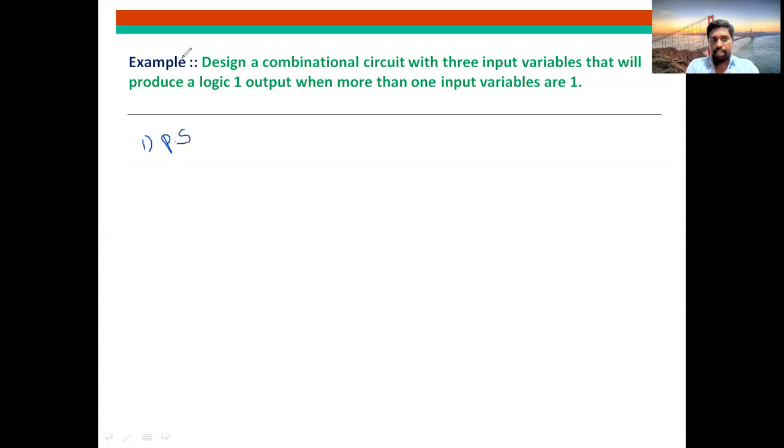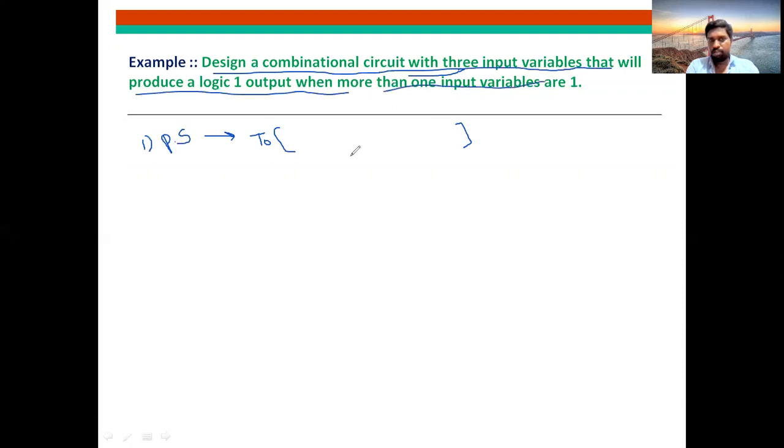So first you write the problem statement. How will you write it? Let's copy the same question. Design a combinational circuit that accepts 3 input variables that will produce logic 1.